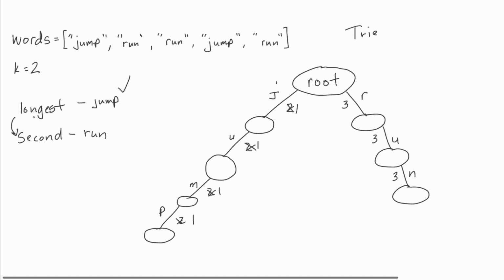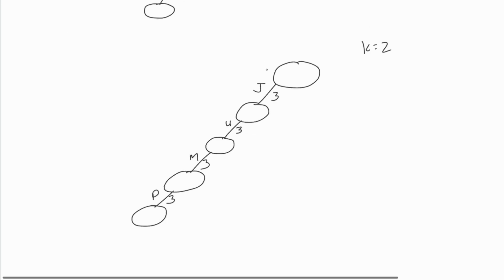So I want to show you why we can use exactly just these 2. One thing which might be confusing is that the longest can actually be the same as the second longest. Let's see this case. Say jump actually appeared 3 times and our k is 2. So if we remove the longest, this becomes 2.